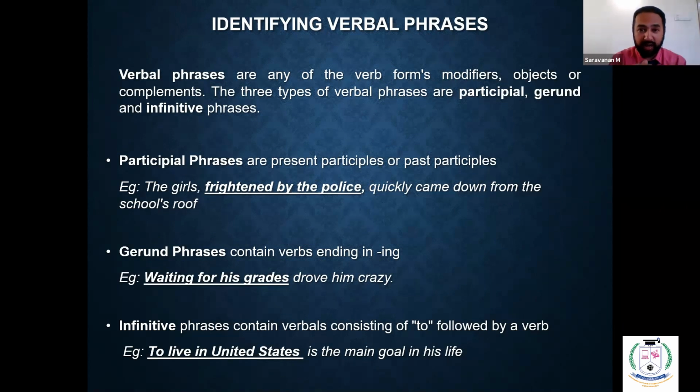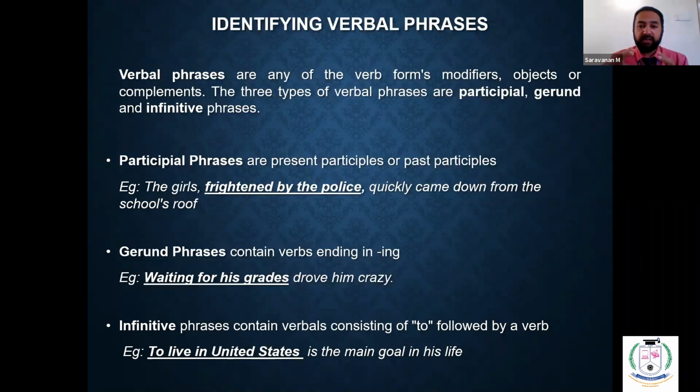Now we are talking about the verbal phrase, which gives more information about the action. The action is the girls came down quickly, but when? Only when the police frightened them.